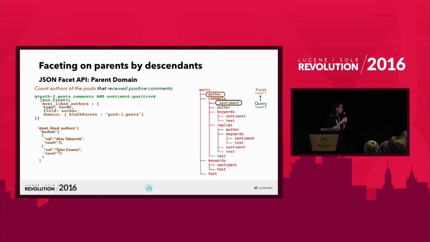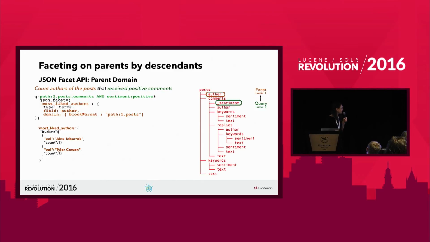This is a part of the faceting response, where we called it most liked authors. In our tiny data set, we only have 2 posts. There are 2 authors, and both of them received some positive comments, so they both get here. And the count is actually by posts.